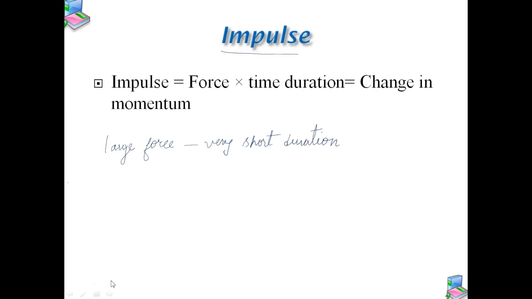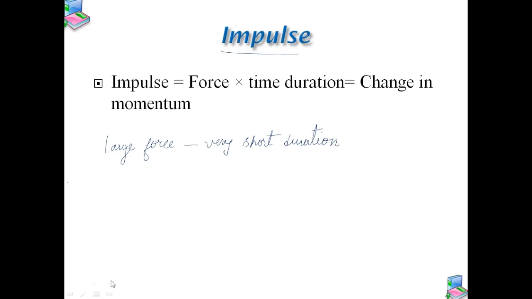Often in these situations, the force and time duration are difficult to ascertain separately. However, the product of force and time, which is nothing but the change in momentum of the body, remains a measurable quantity.